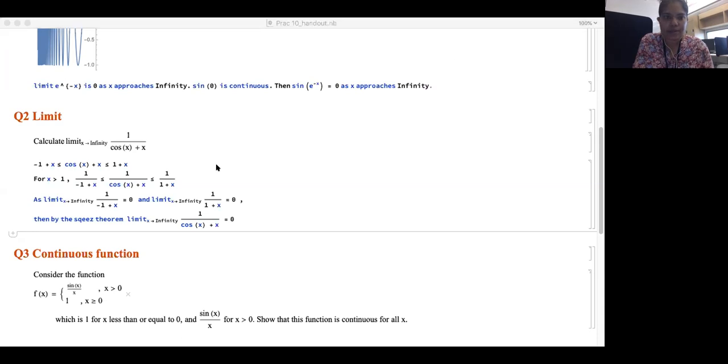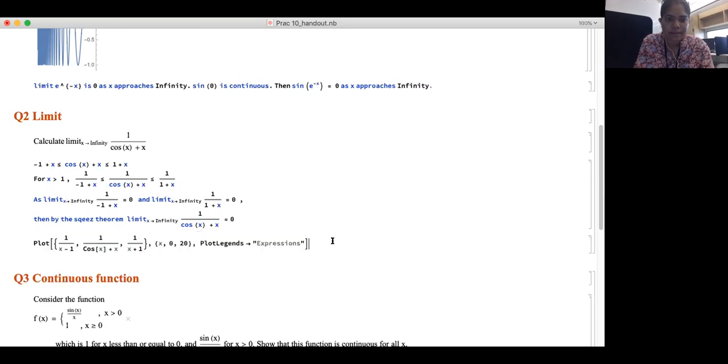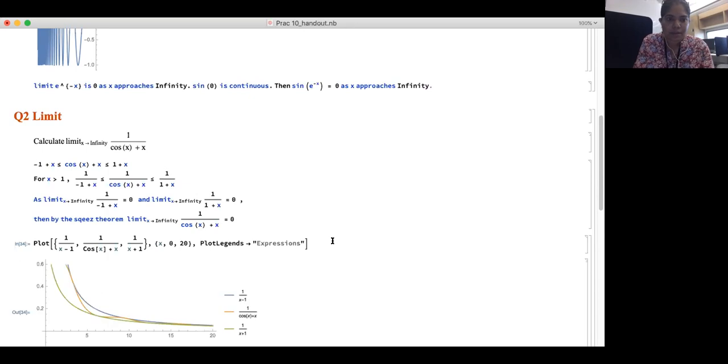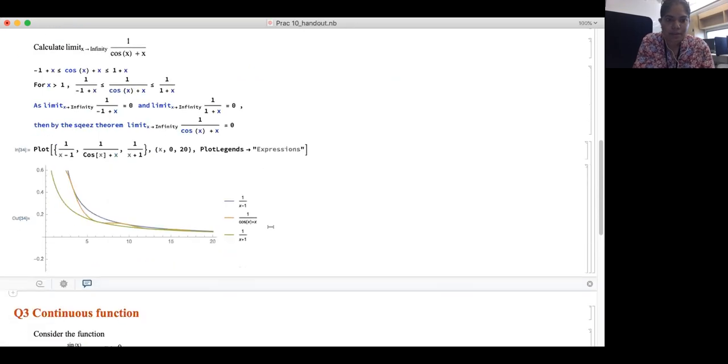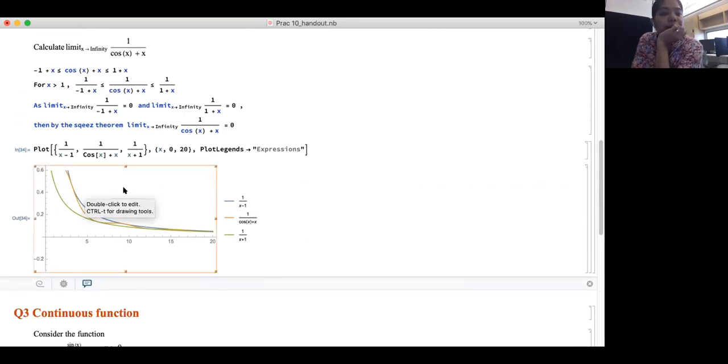Let's look at this. So the actual function, this is visually how the squeeze theorem looks.